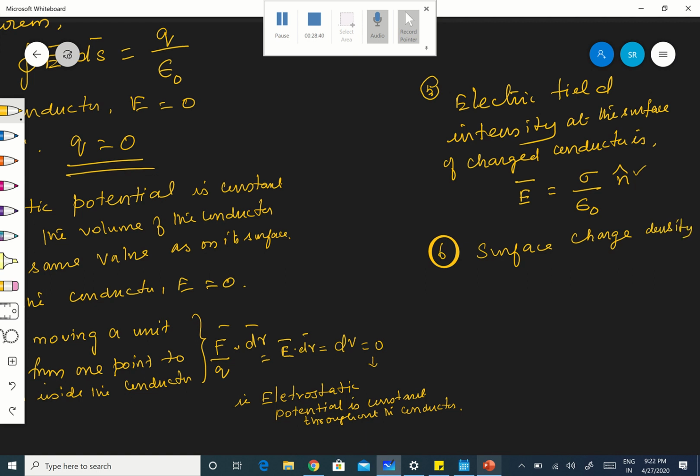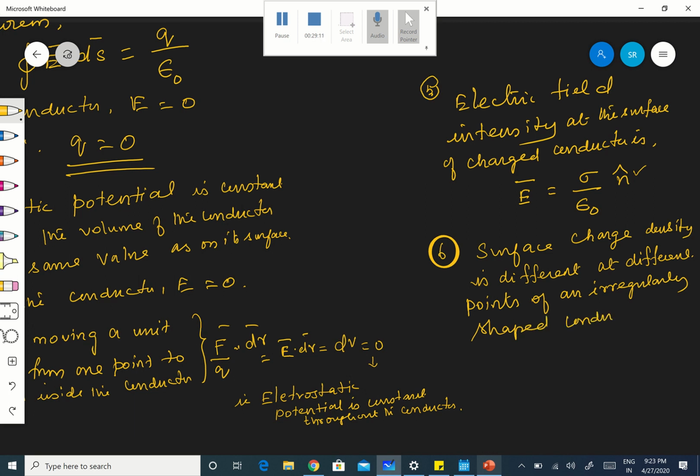The surface charge density is different at different points if the conductor is irregularly shaped. Very important point. Why?